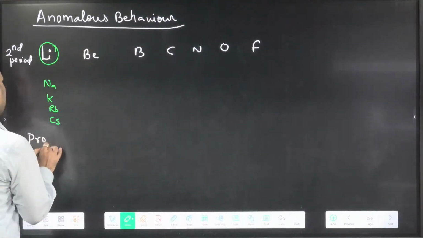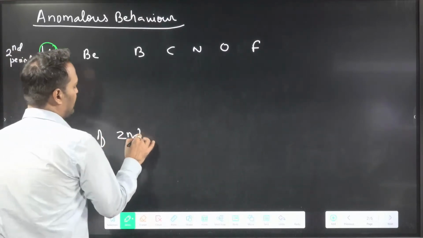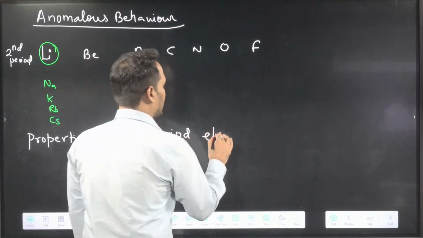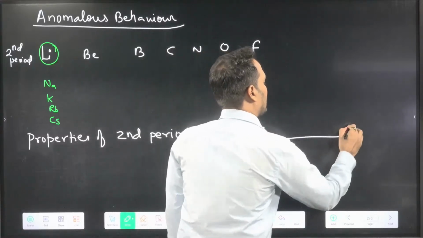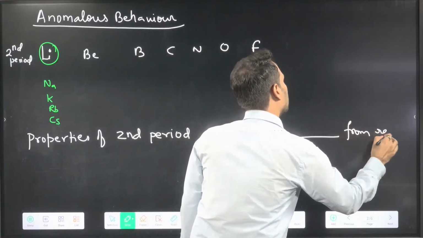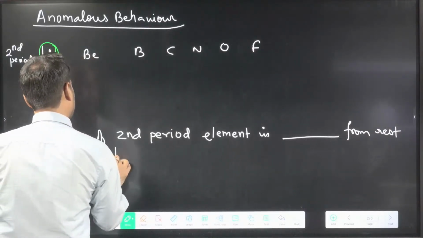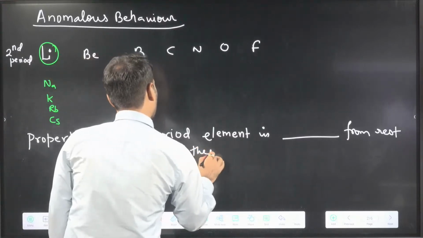So what we say like this कि properties of second period elements is dash from the rest of the elements in their group.